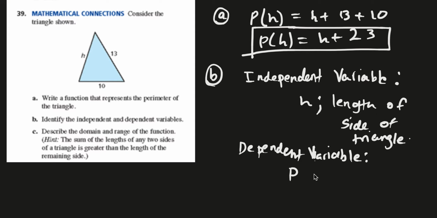Some people just write P instead of P of H. That's also fine. Actually, I think I'll just do P, because P of H essentially tells you that you have an input, right? Based on what you put in, you're going to have an output. So P is the dependent variable, which is the perimeter of the triangle.